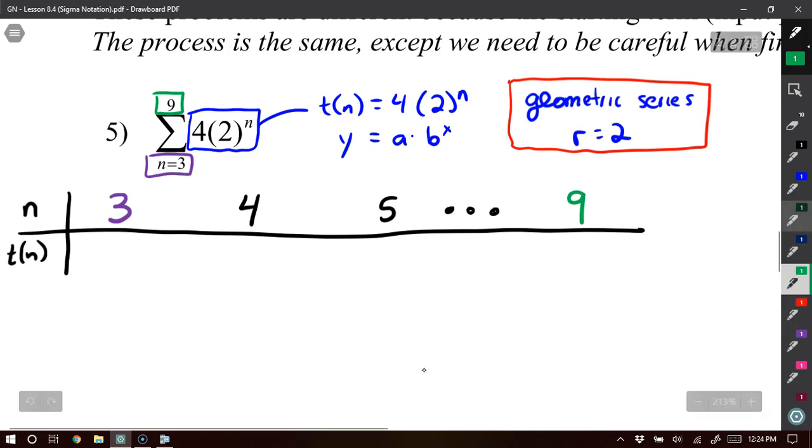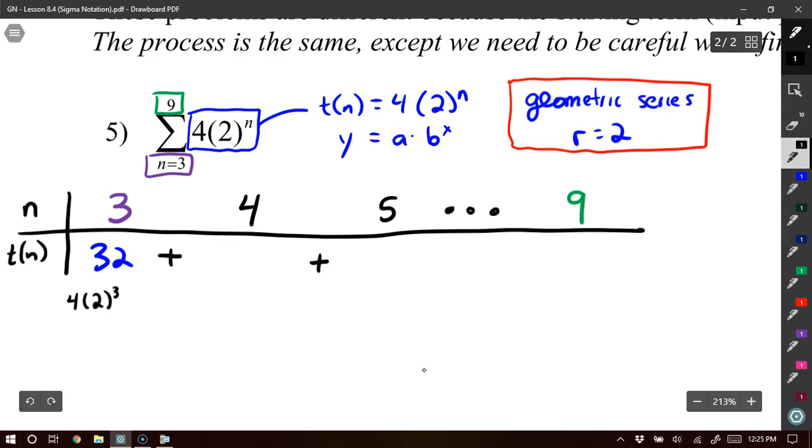So I'm going to then just start. I'm going to plug in 3, so 4 times 2 cubed. Well, 2 cubed is 8. 8 times 4 is 32. Remember, we have a series, so we're going to have plus signs in between each term. Now, I'm told this is geometric. Found that out right in the beginning.